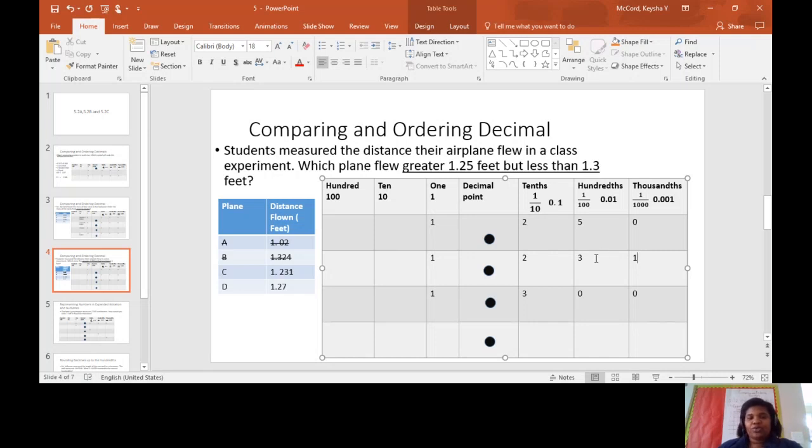Let's see. 3 and 5. Well, 5 is bigger than 3. So that means this number is less than 1 and 25 hundredths. So it's not going to be plane C. Plane C is too small.